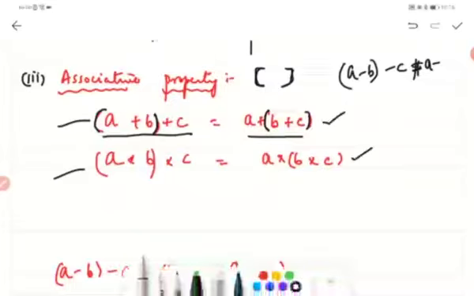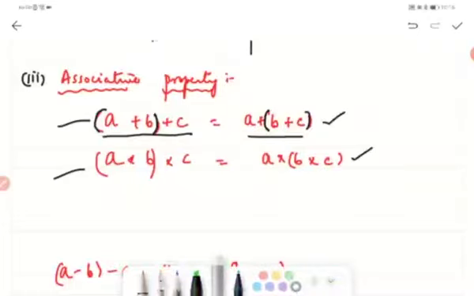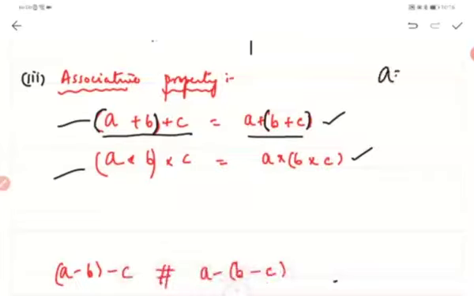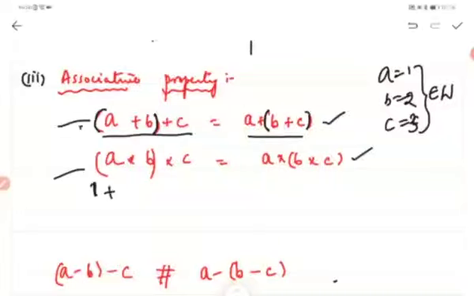All right, let's see an example. If I take a as 1, b as 2 and c as 3, these are all numbers which belong to whole numbers, isn't it? So let's see for addition. I take a as 1 plus b as 2 plus c as 3.